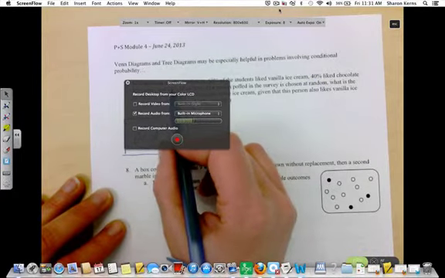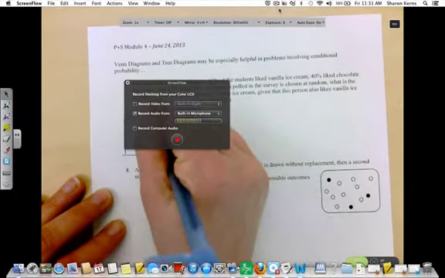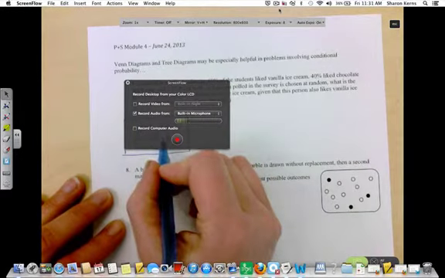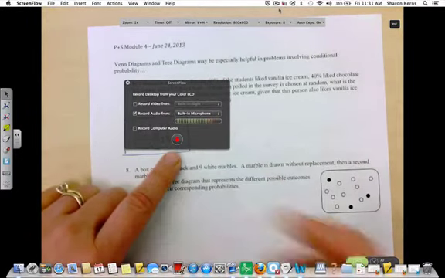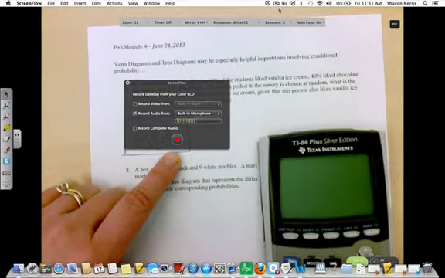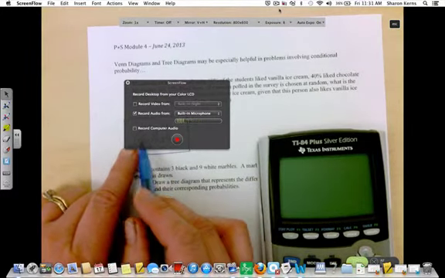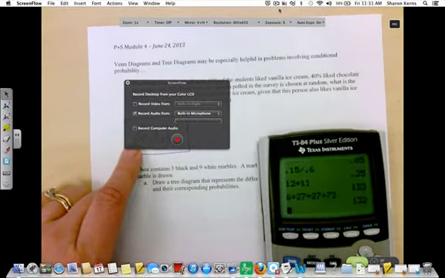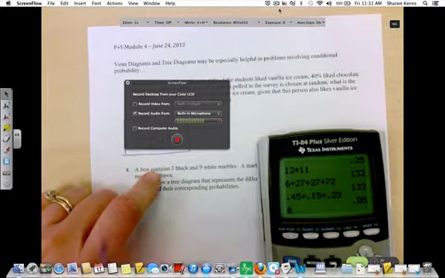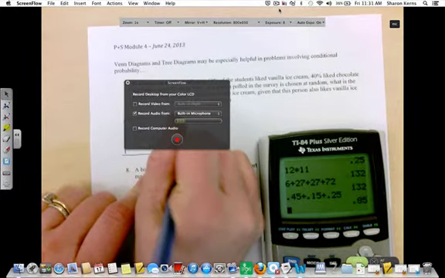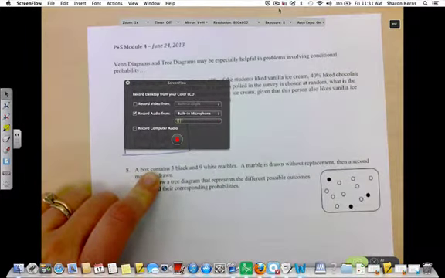So let's subtract 15 from 40 to find out that 25% like just chocolate. There are also some students who didn't like vanilla or chocolate. If I add these up, I get 85%, so subtracting that from 100, 15% didn't like either of those two.